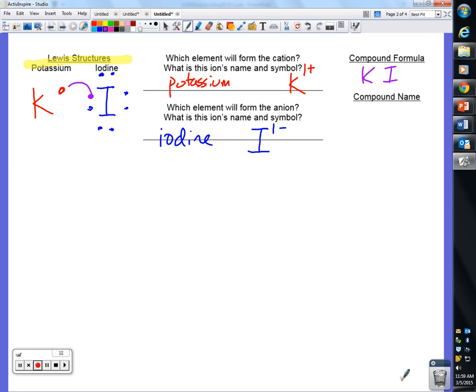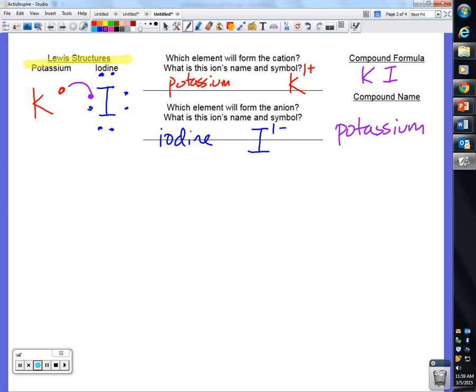Name-wise, the name of this compound just comes from the names of the two elements. First, it's two words. The first word is the name of the metal.